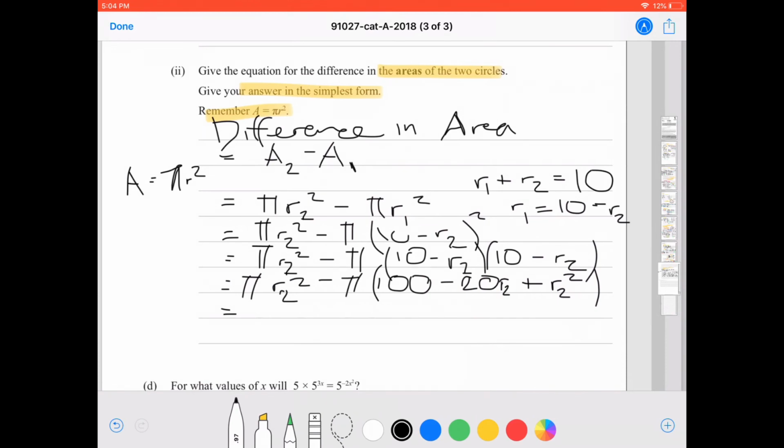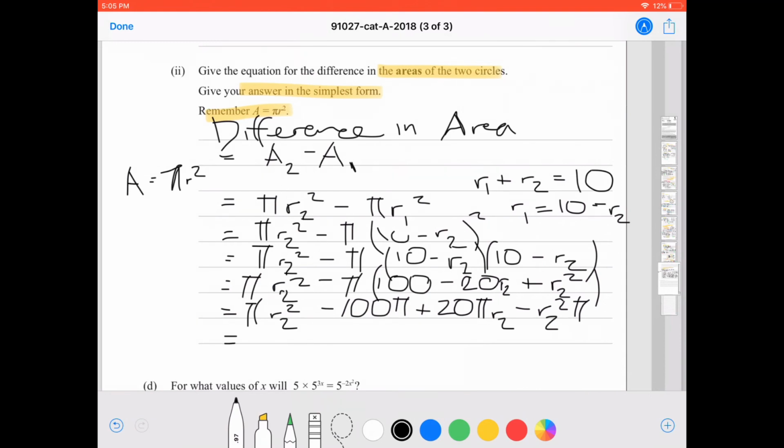Let's multiply through by pi. Let's expand those brackets. Okay, so minus 100 pi, and we'll say positive 20 pi r2 and minus r2 squared pi.